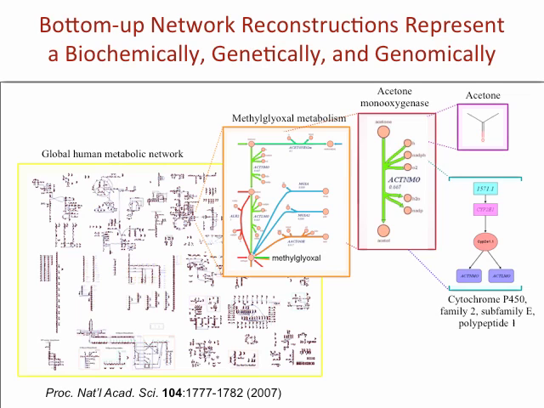Such a network reconstruction is really a multi-scale knowledge base as shown in this slide. It will have chemical structures in it, genetic information, chemical reactions, and pathways, and it will have the information about the entire set of metabolic capabilities encoded on a particular genome.